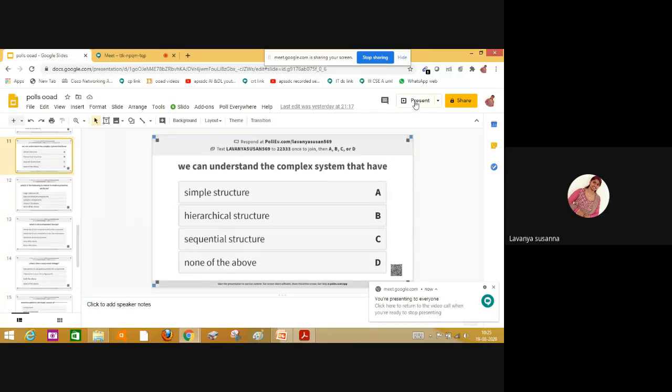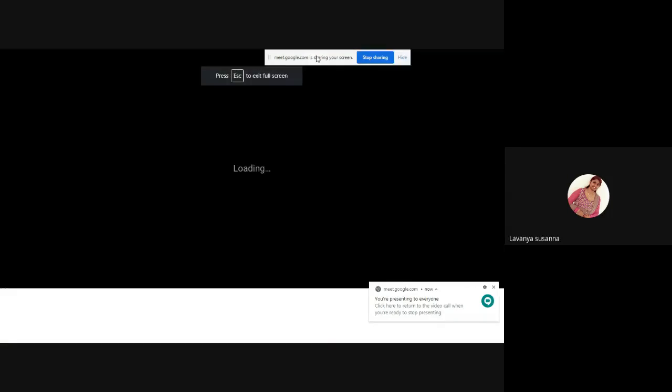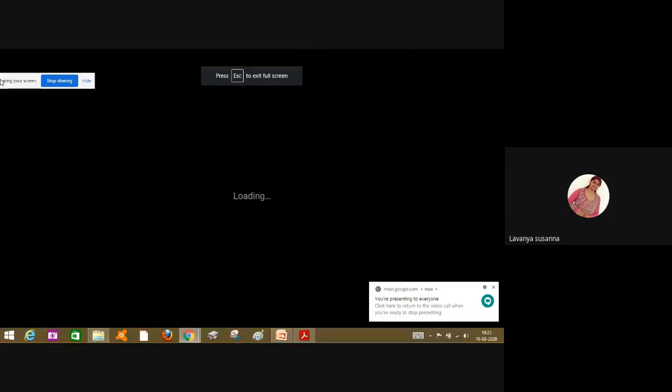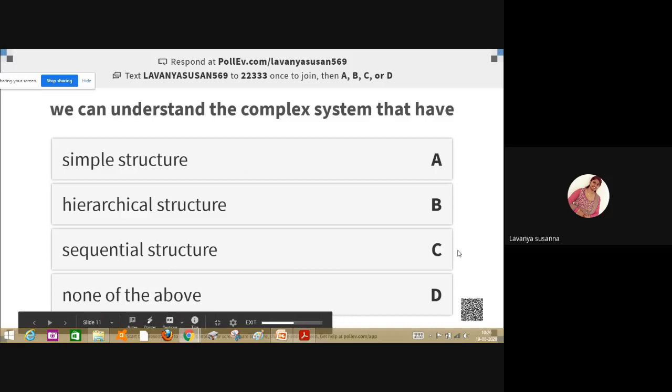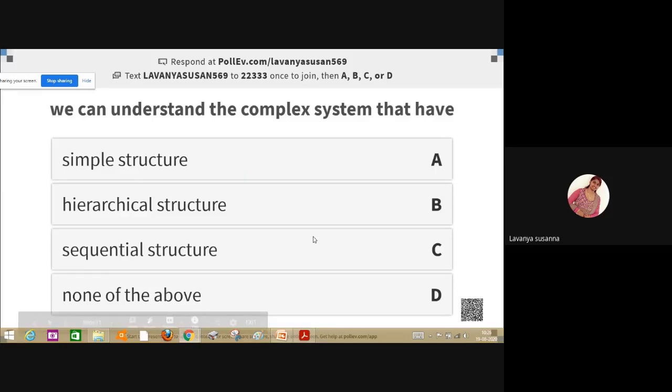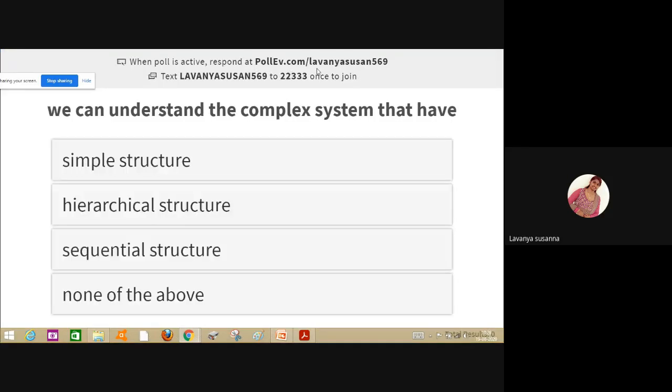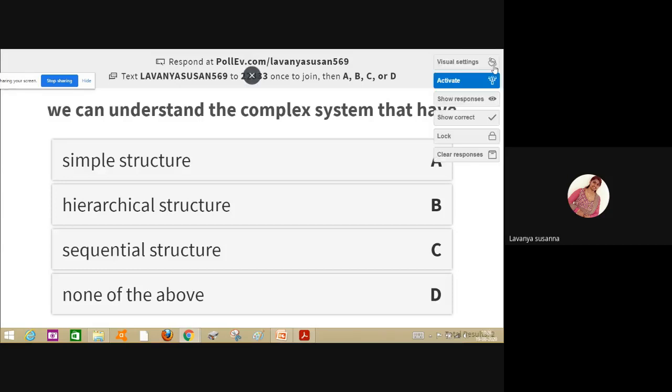Open Google Chrome, and type pollev.com/Lavanya Susan 569. You will get this question. Click the answer only once. I request all the students to do this.